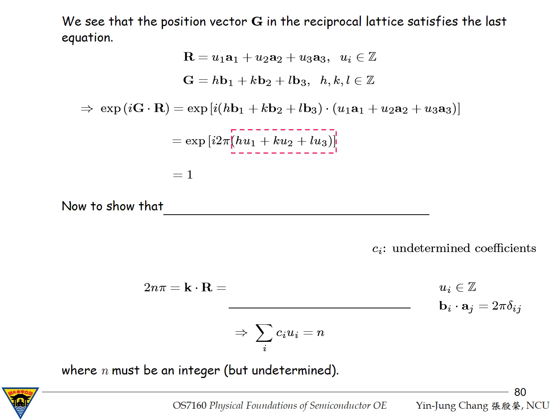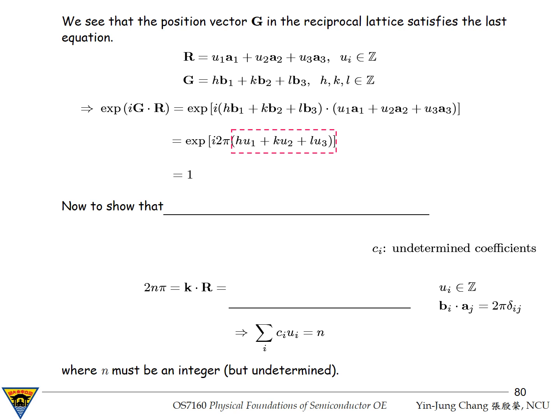Now let's show explicitly that the allowed wave vectors in the Fourier expansion are precisely the reciprocal lattice vectors. Recall that a direct lattice translation vector R can be written as a linear combination of integral multiples of primitive vectors, as shown in this expression.